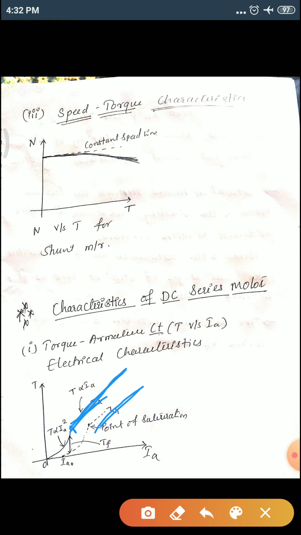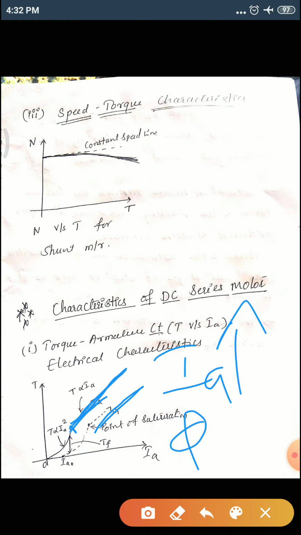Why is it so? As the entire current IA passes through the series field, there is a property of an electromagnet called saturation that occurs here. What do you mean by saturation? Though the current through the winding increases, the flux produced remains constant.